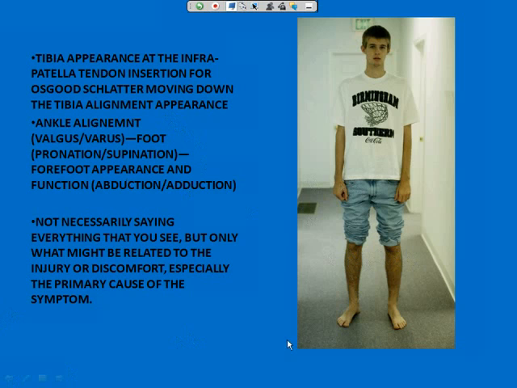We want to look at ankle alignment. Are they in valgus or varus? Foot positioning, pronation or supination. Forefoot appearance, abduction or adduction. Not necessarily saying everything that you see. Like I'm not communicating with him, I'm drawing a plumb line straight down the center of your body.